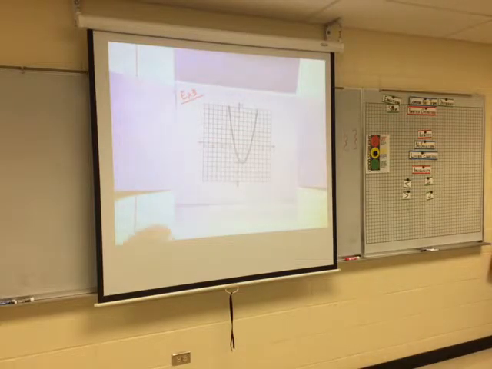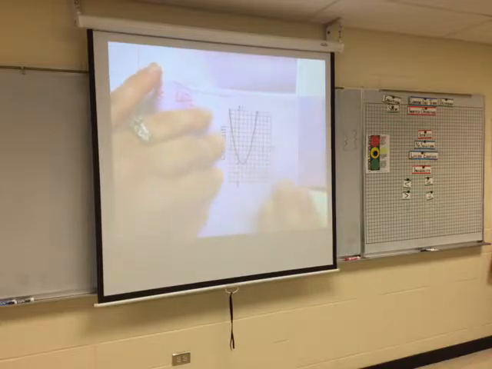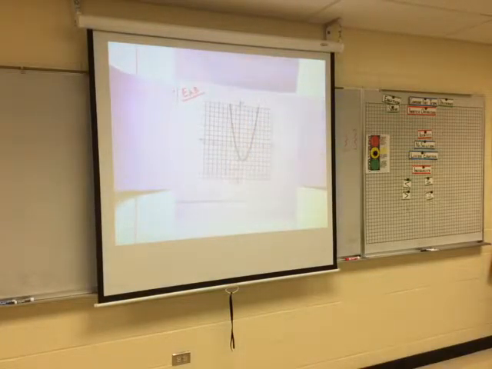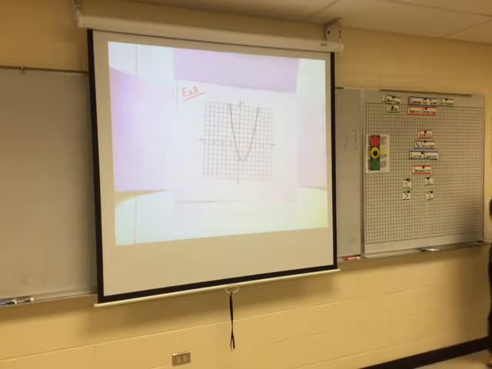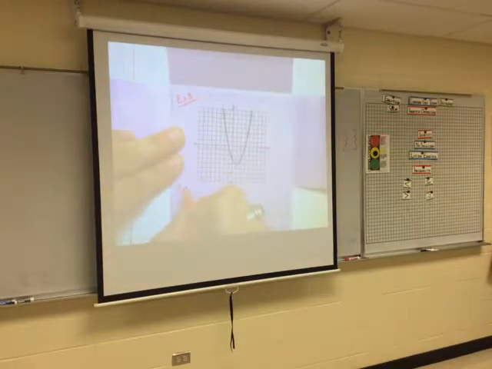Alright. So let's use our domain and range finder. So I'm going to look to the left first. Do I have a smallest x value? No. Because why? That arrow is going up and to the left, right? So it's going to keep going up and keep going left forever, right? So my domain is going to be negative infinity is less than x.